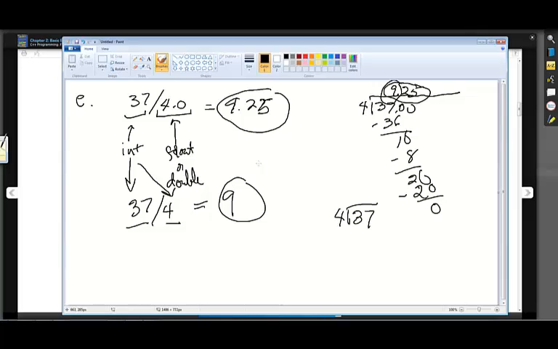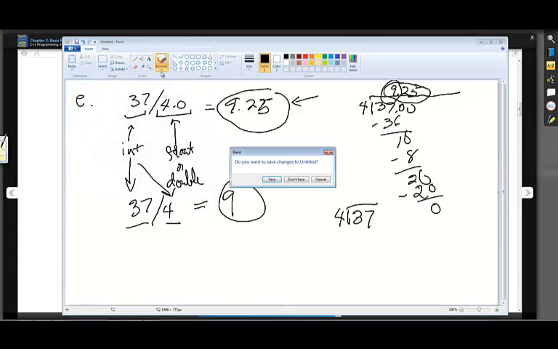That's the reason why you have different sizes and different types of precision with this. Does that make sense? But for the sake of answer E, the answer is 9.25 because it comes with 4.0.